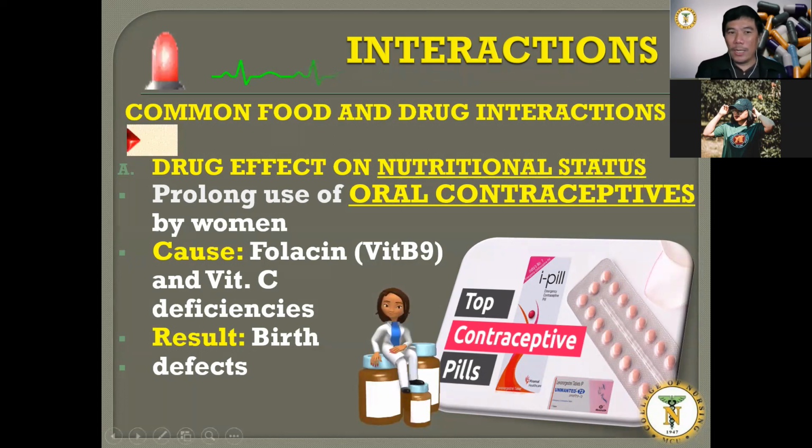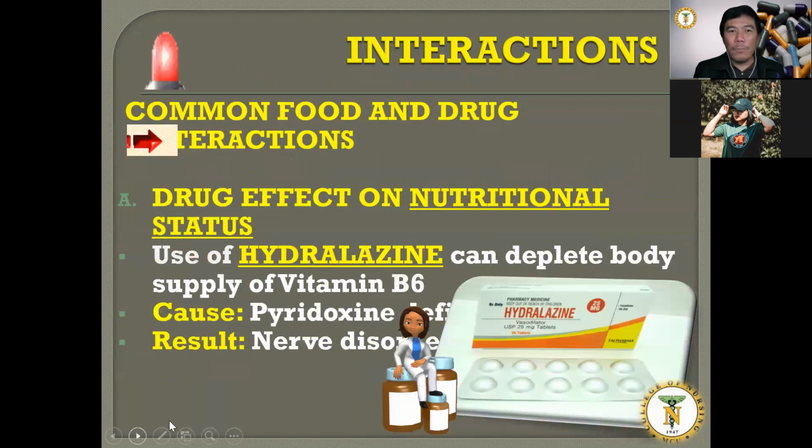So careful. Next, drug effect on nutritional status, specifically on hydralazine. Hydralazine is an anti-hypertensive drug. Hydralazine dilates blood vessels. We have discussed before that there are drugs that are vasodilators, and we have also discussed the causes of constriction of blood vessels.